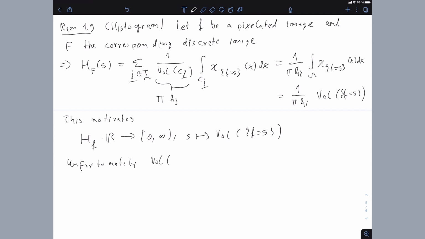So this volume of these level sets could be 0 for all s.